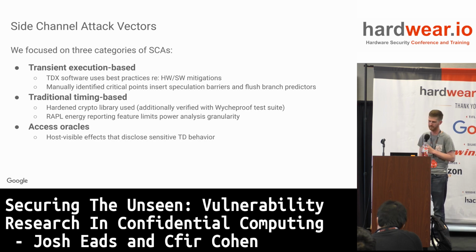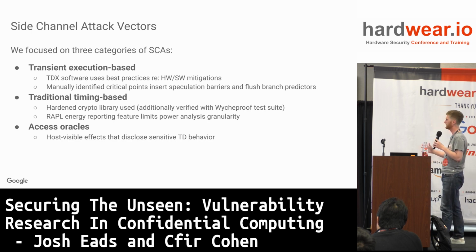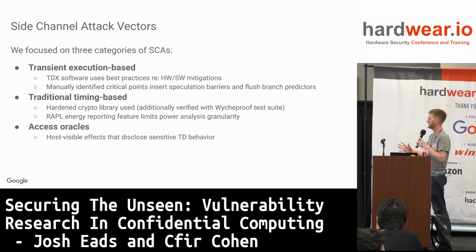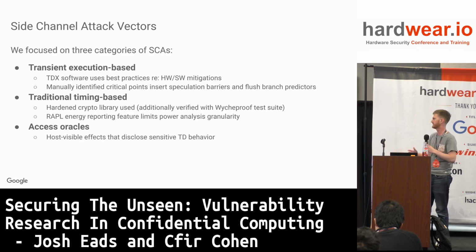And we looked at 3 different areas. So we have transient execution-based sidechannels, Spectre, Meltdown, these types of things. And they do their best, right? So TDX software uses the best practices. They turn on all the latest hardware features. TDX ships with the latest Xeon processor, which is Sapphire Rapids.